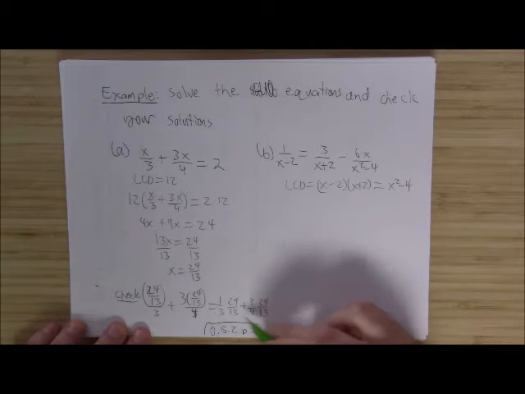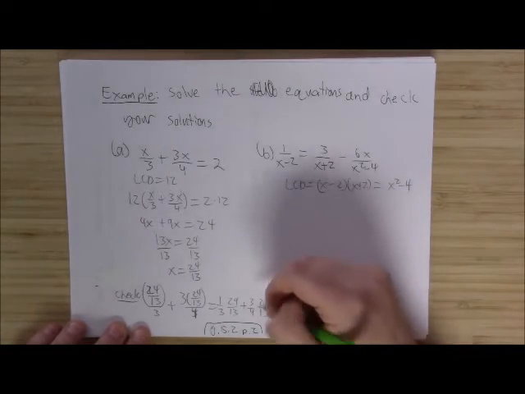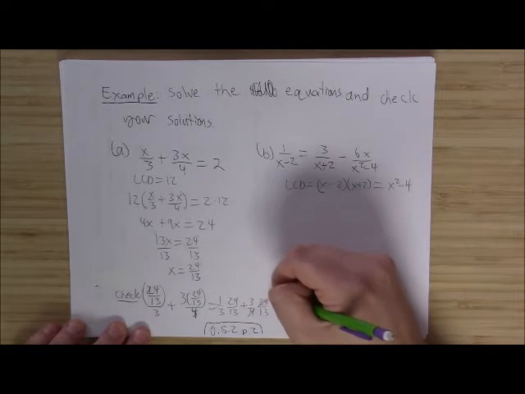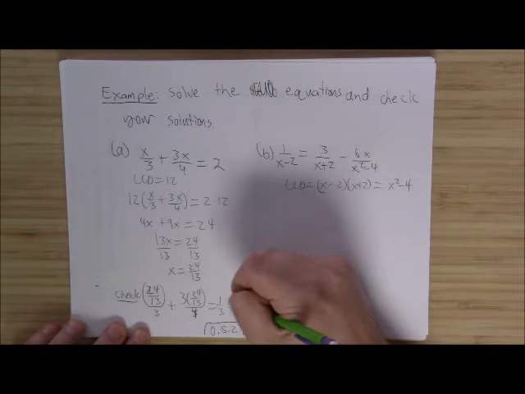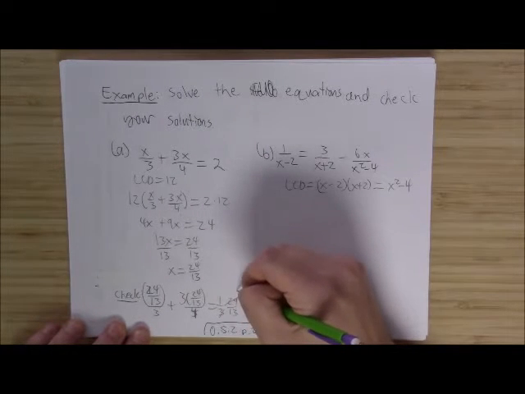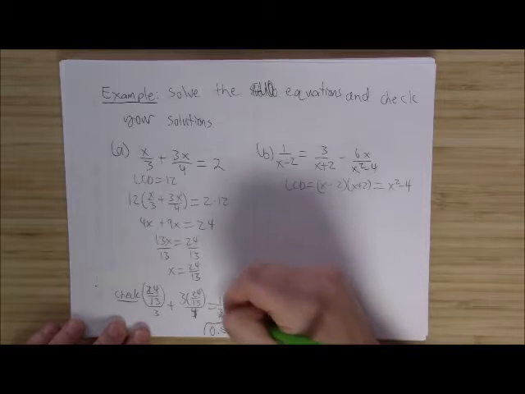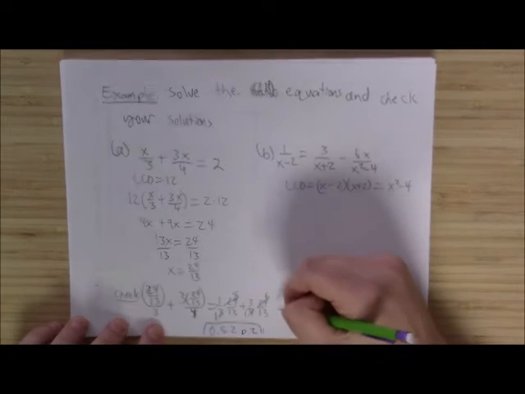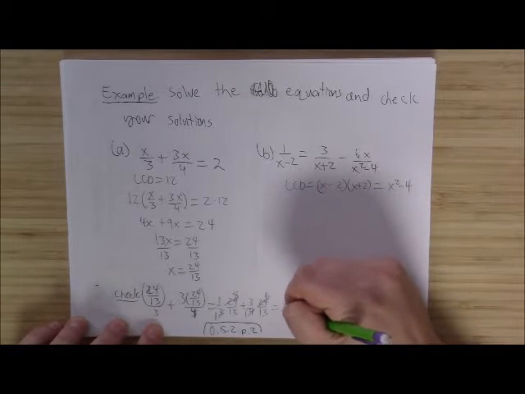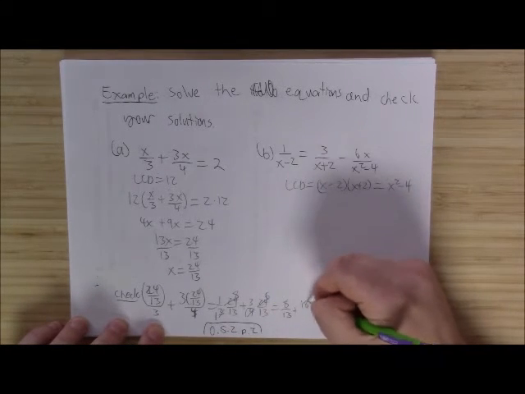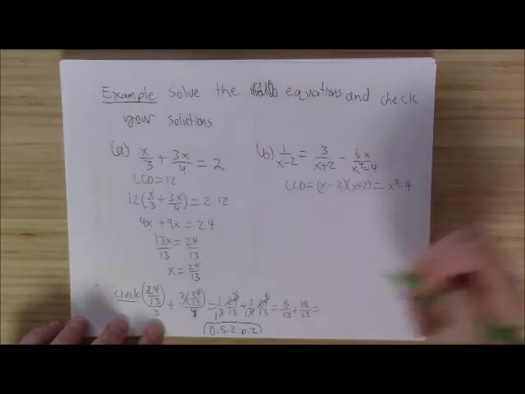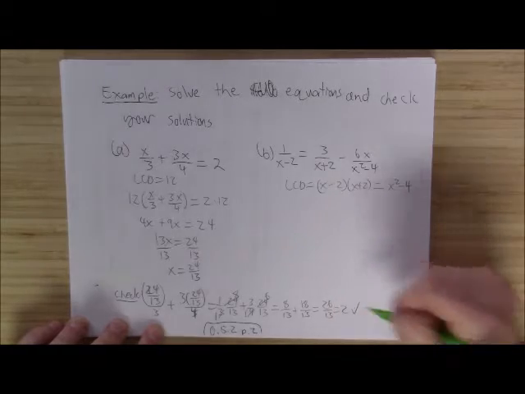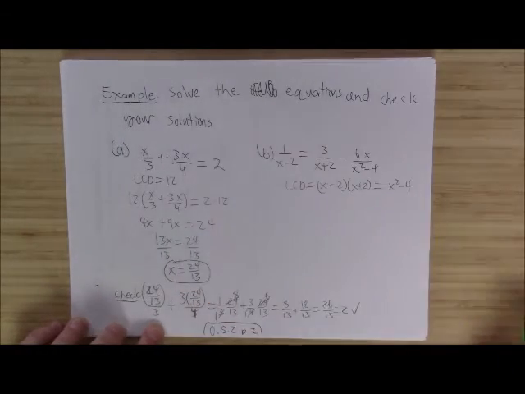If we do cancellation here, the 3 and the 24 cancel, leaving 8 on top and a 1 below. Here the 4 and the 24 cancel, and we'll have a 6 up top and a 1 below. So we have 8 over 13 plus 6 times 3 is 18 over 13. 18 plus 8 is 26 over 13, which equals 2. So this is actually the solution.